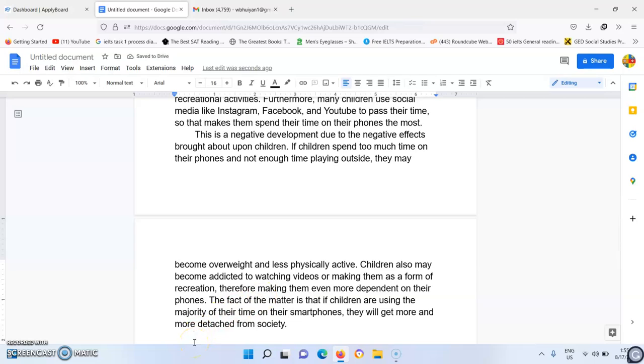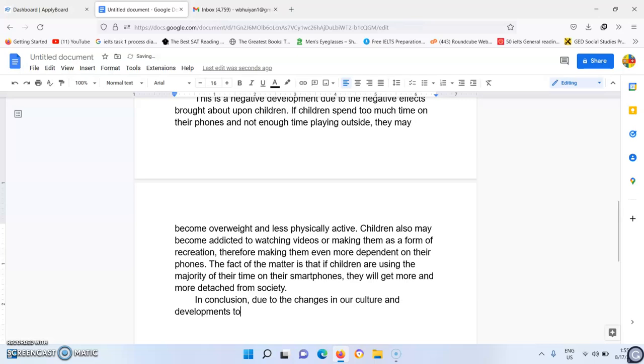So in conclusion, due to the changes in our culture and developments in technology, it has become common for children to spend a lot of time on their smartphones.